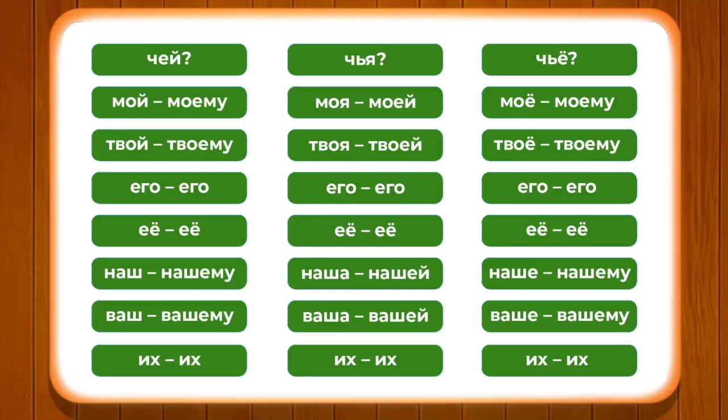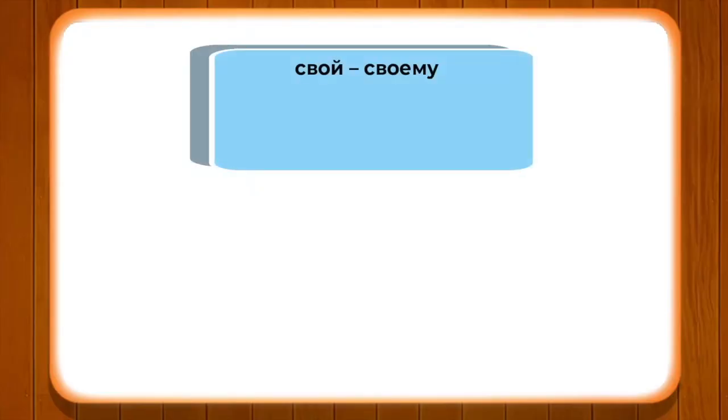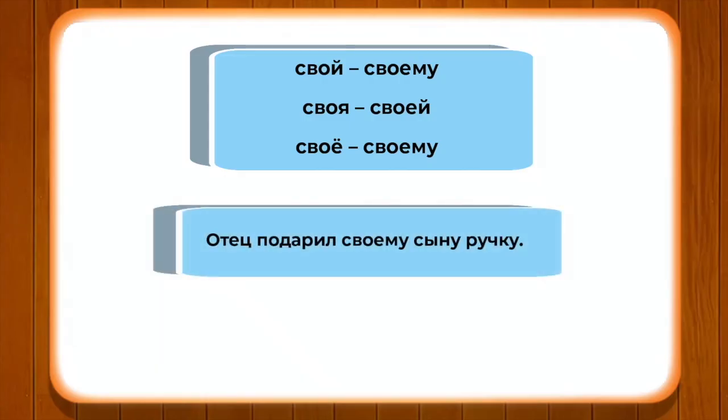Now we will pay attention to a few exercises. In the possessive pronoun itself, there is another important expression, svoy, meaning one's own. Svoy changes into svoemu, svoya changes into svoey, and svoyo also changes into svoemu. For example: Otets podaril svoemu synu ruchku.